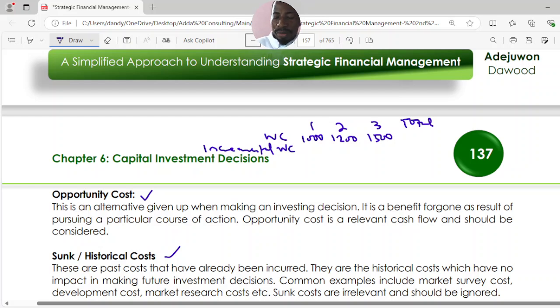So for me to get the incremental working capital, the working capital in year 1 is 1,000. From 1,000, it has increased to 1,200, a difference of 200. From 1,200, it has increased to 1,500, a difference of 300. Therefore, my total working capital, 1,000 plus 200 plus 300, will give us 1,500.